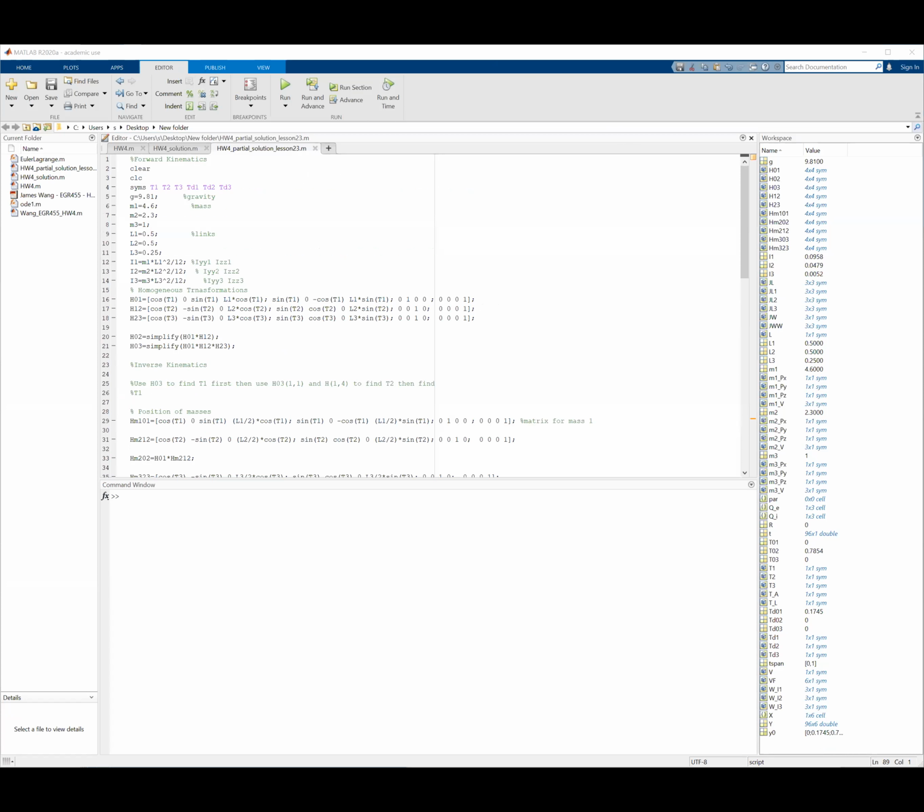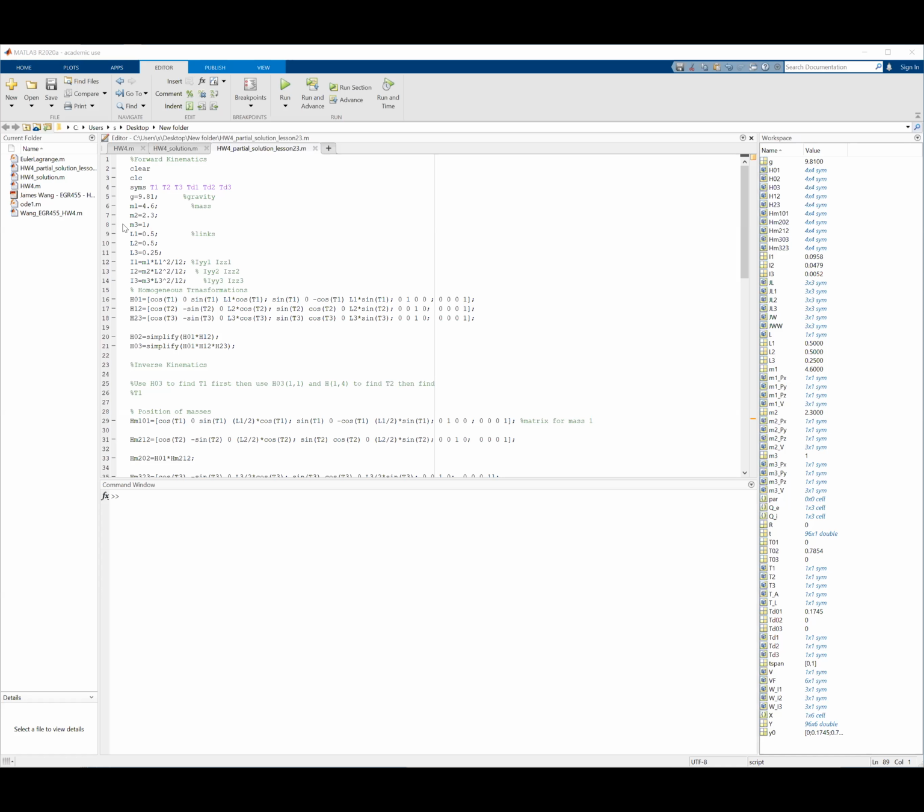Before I proceed any further, I just want to make sure that we are clear with the code. Line 1, forward kinematics. In line 2, we are clearing everything. We are clearing the screen in line 3. Line number 4, we are defining the symbolic variables theta 1, theta 2, theta 3, theta 1 dot, theta 2 dot, theta 3 dot.